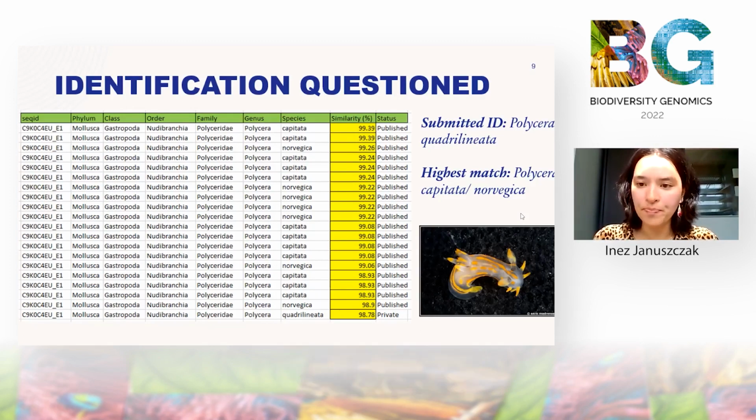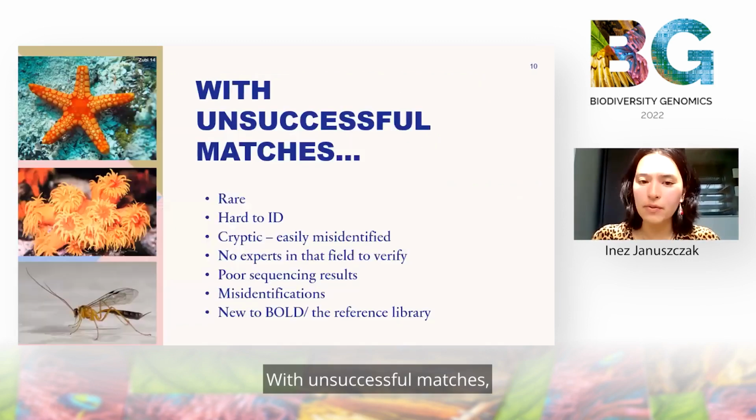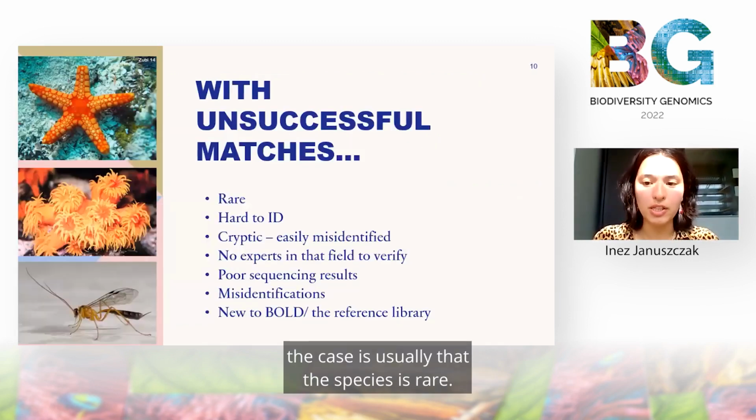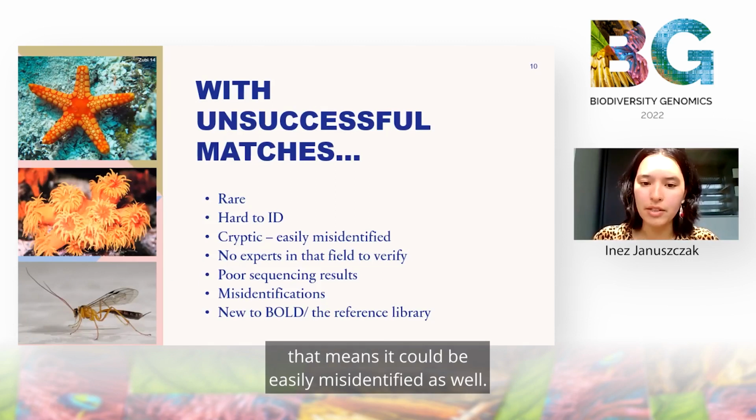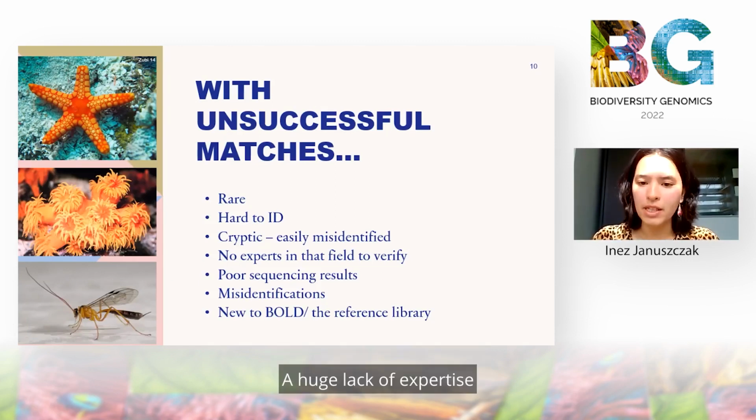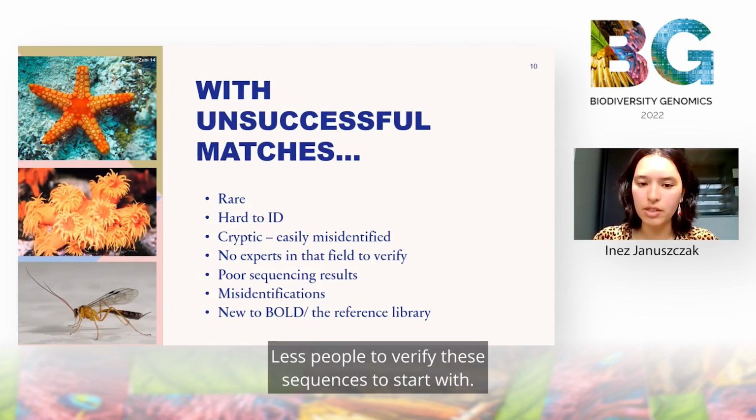With unsuccessful matches, the case is usually that the species is rare, or the species is hard to ID. If it's cryptic, even if it's common, that means it could be easily misidentified as well. A huge lack of expertise in some orders is also a big problem, with fewer people to verify these sequences to start with.